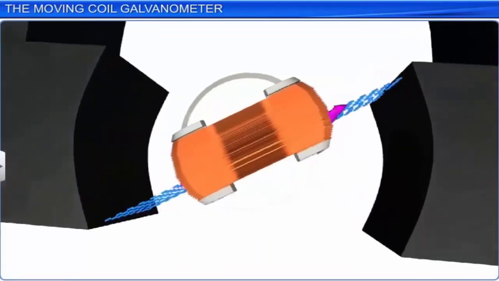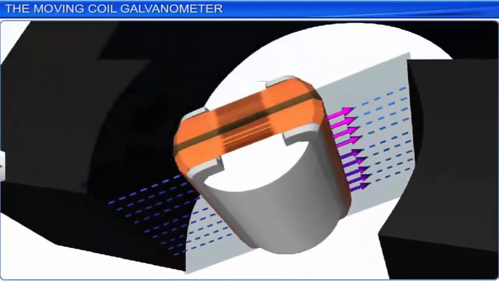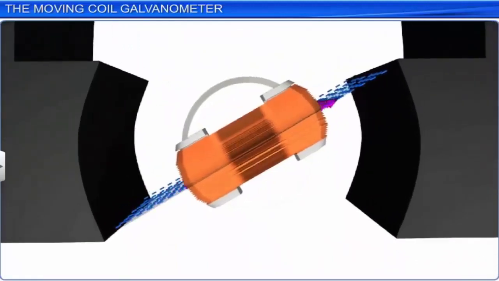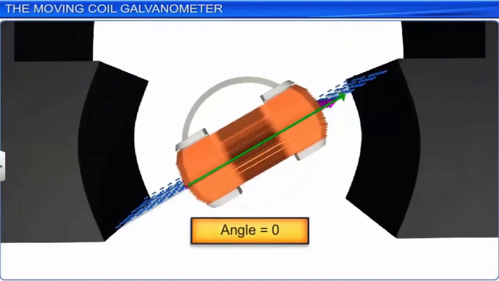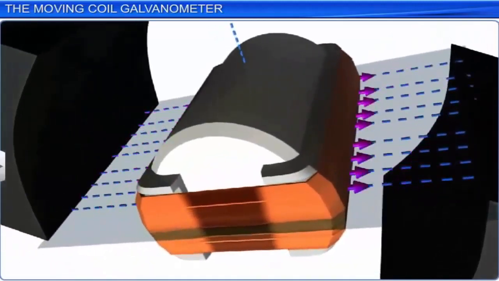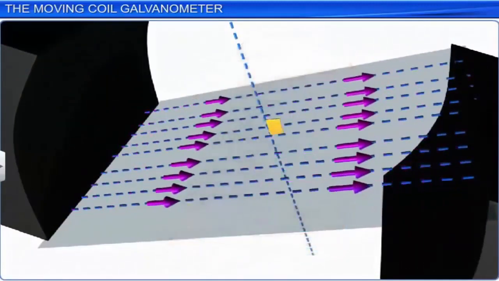In the radial magnetic field, the plane of the coil is always parallel to the direction of the magnetic field for any orientation. Hence, the angle between the plane of the coil and the direction of the magnetic field is always 0. And the angle between the axis of the coil and the magnetic field, theta, is always 90 degrees.